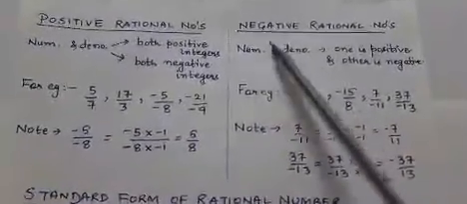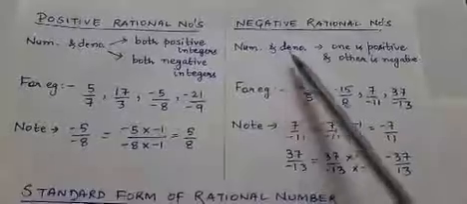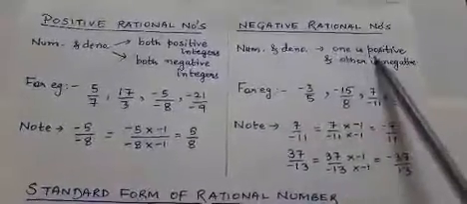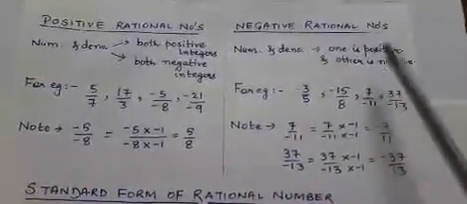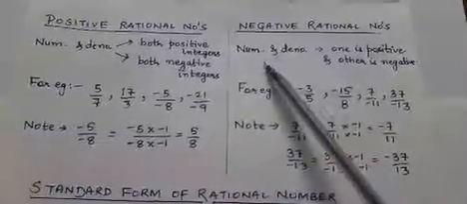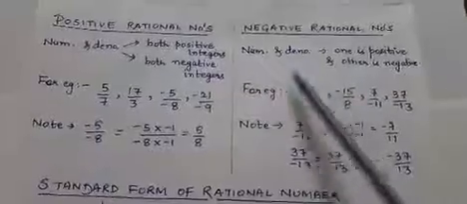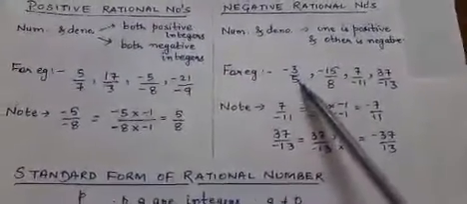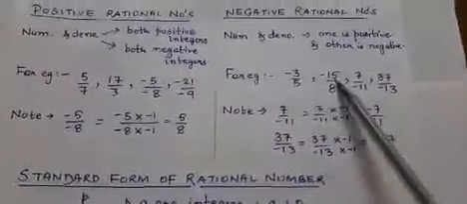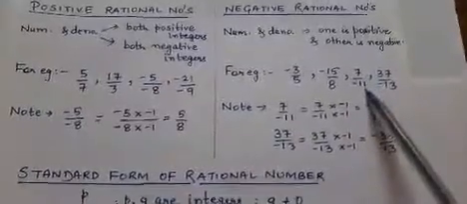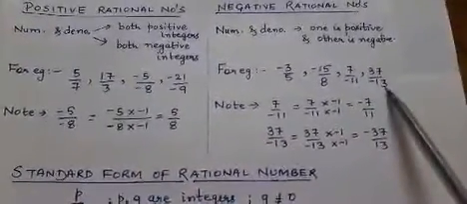Now coming to the negative rational numbers, of the numerator and denominator, one is positive and the other is negative. It can be numerator positive and denominator negative, or numerator negative and denominator positive. For example, minus 3 upon 5, minus 15 upon 8, 7 upon minus 11, 37 upon minus 13.